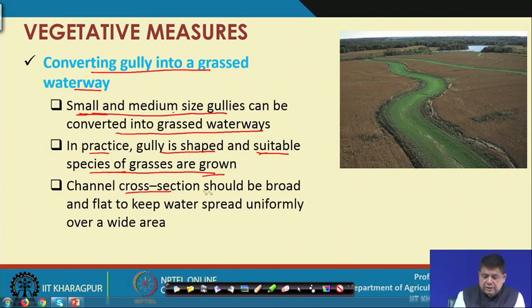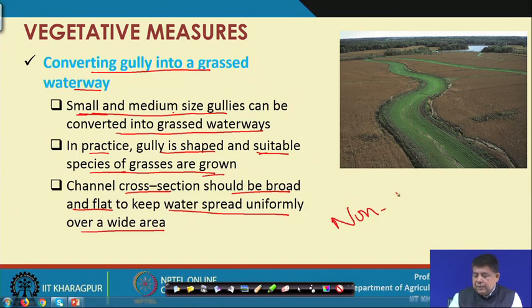And channel cross sections should be broad and flat to keep water spread uniformly over a wide area. That is primarily because every time we have to talk about non-erosive velocity, or we also used another term, permissible velocity.